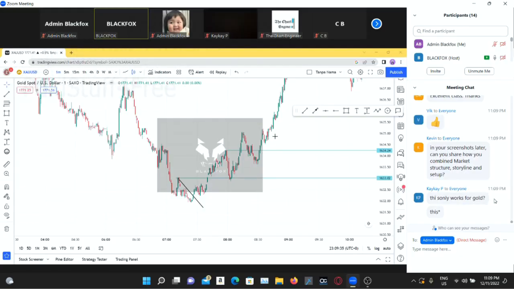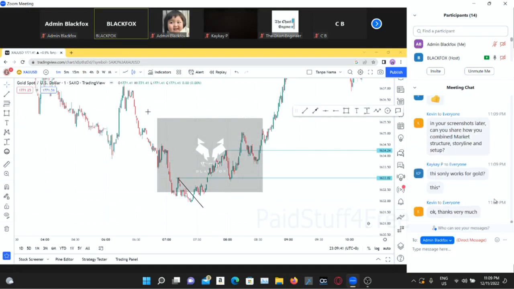This setup you can also trade using US30. You can also trade Nasdaq or silver. Currency I do not really suggest, because I don't really understand currency movement; sometimes currency respects our SNR but sometimes not.